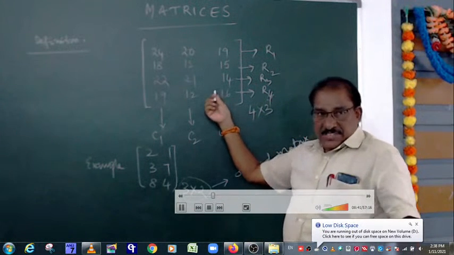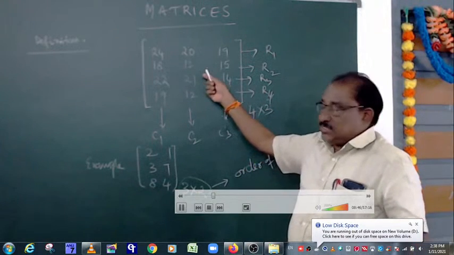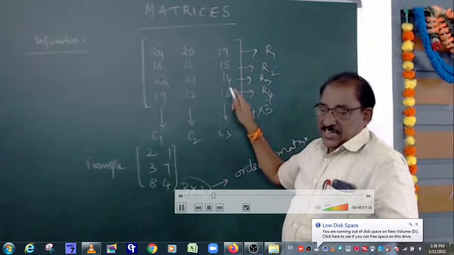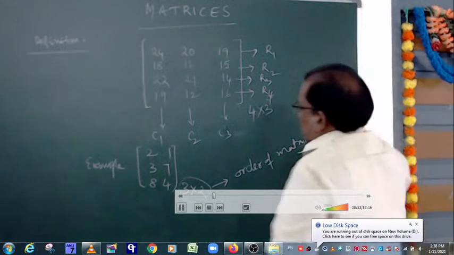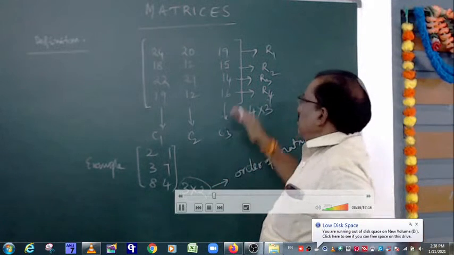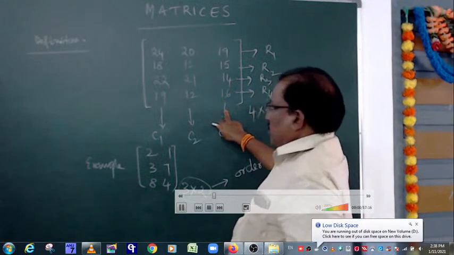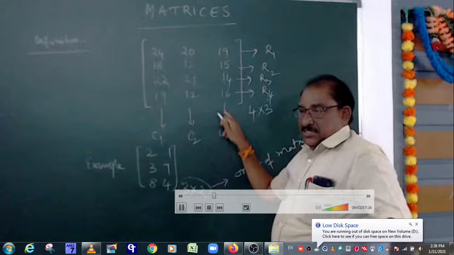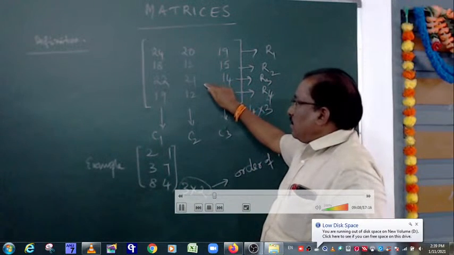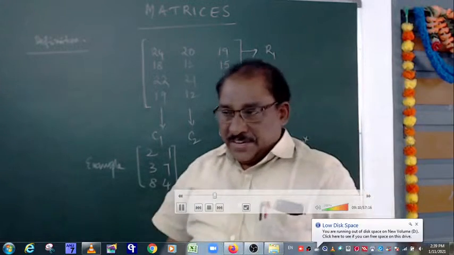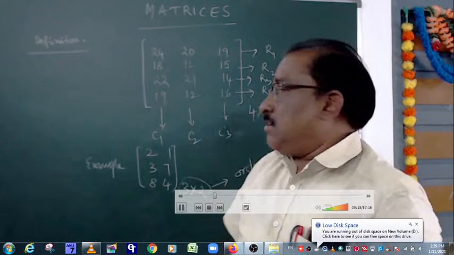How many numbers are here? 4 into 3 equals 12 numbers. The 12 numbers are arranged in horizontal lines and vertical lines, 4 rows and 3 columns. This is called a matrix. The numbers are called the elements of the matrix.